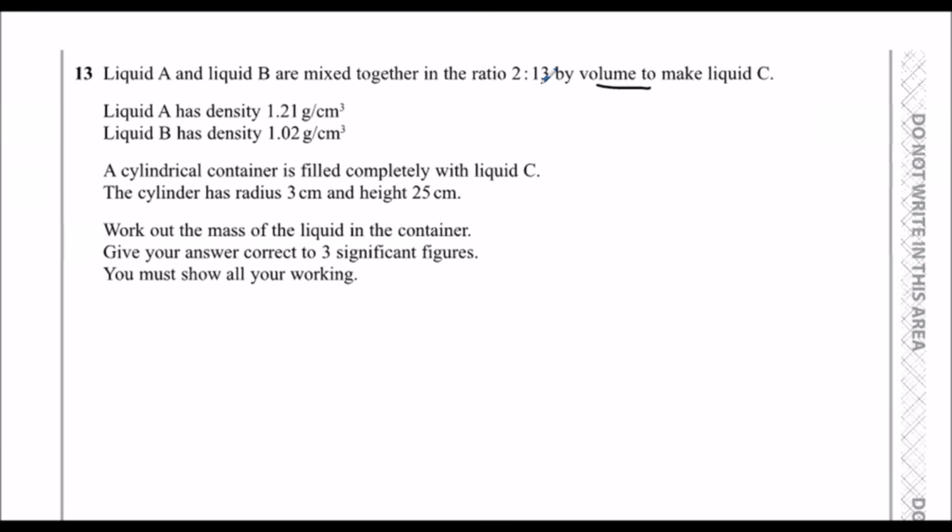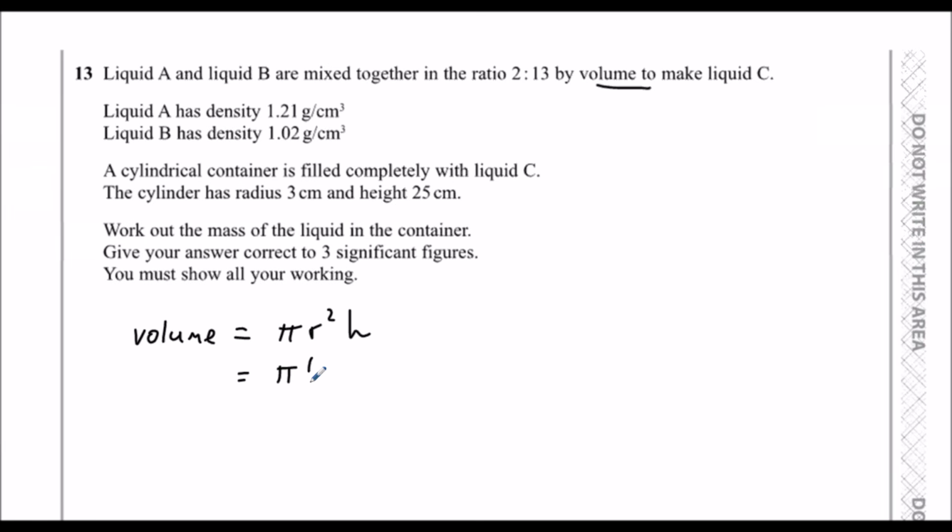So we've got the volume of A and B, and then we're going to work out the mass. So that can be the mass of A plus the mass of B. So let's start with the volume of this cylinder. So it's the area of the base times the height. The area of a circle is pi times the radius squared, and then times the height.